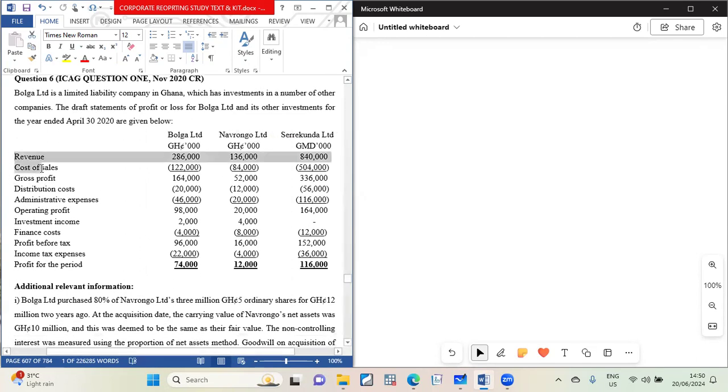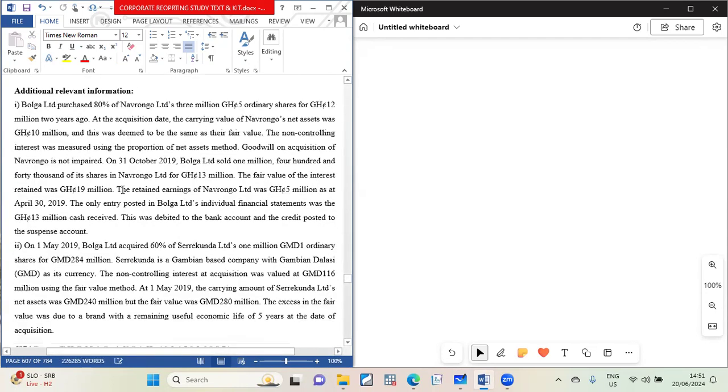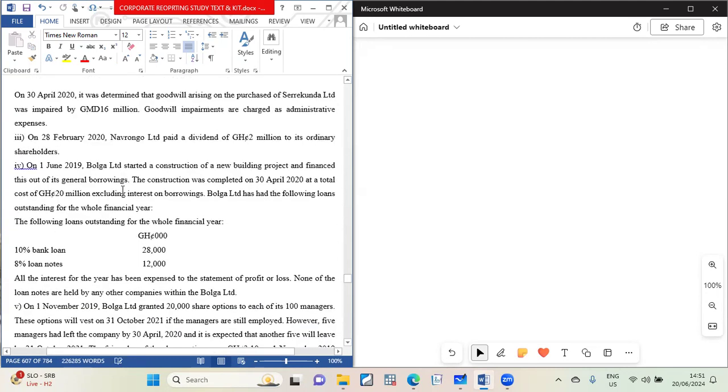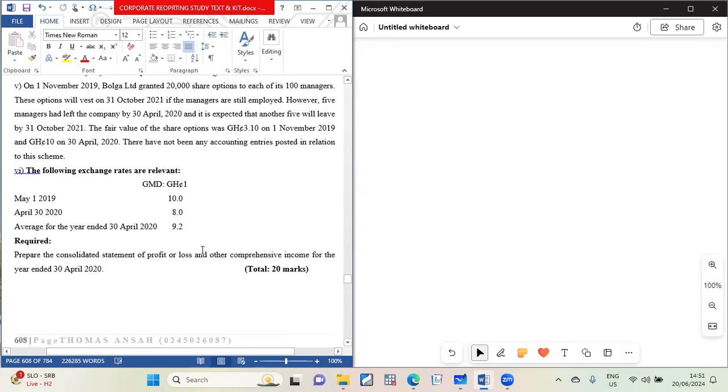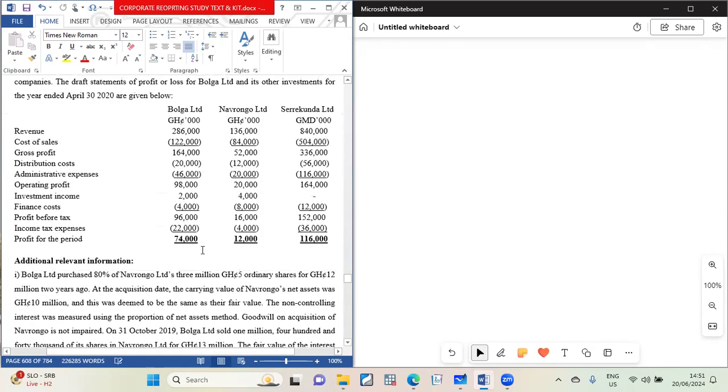So we have revenue, cost of sales, gross profit, distribution, admin, operating profit, investment income, finance costs, and everything here, as at April 2020. Since we don't have a balance sheet, we will be preparing only the P&L.